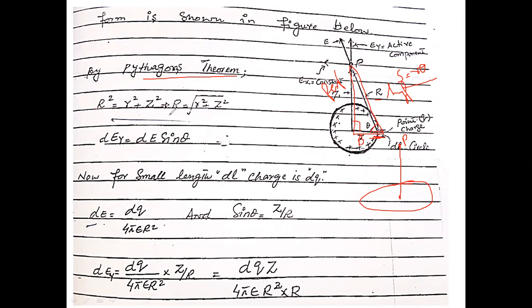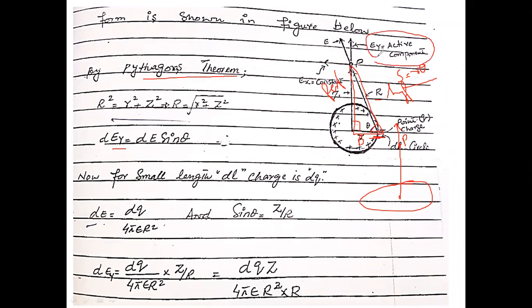Now again, the active component is upward. Because this whole ring will apply the electric field intensity on this point, and this point will be pushed in the upward direction. So the active component is the y, and the x component is constant.